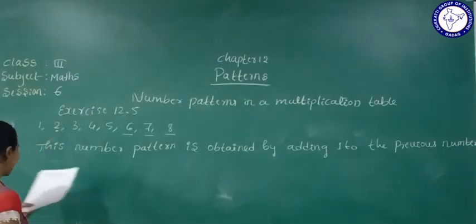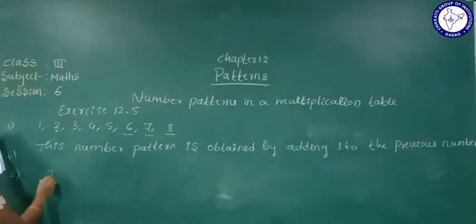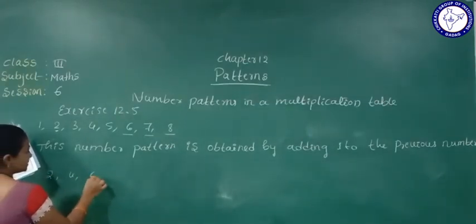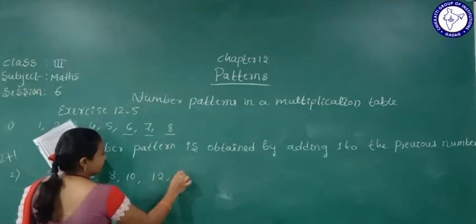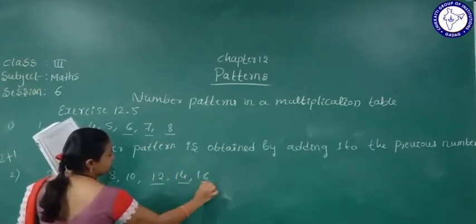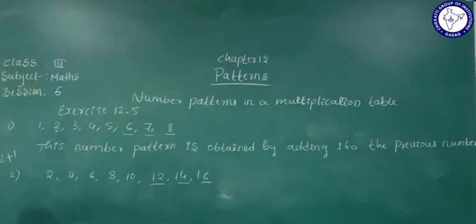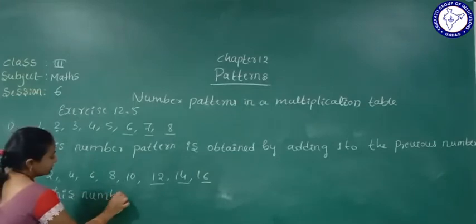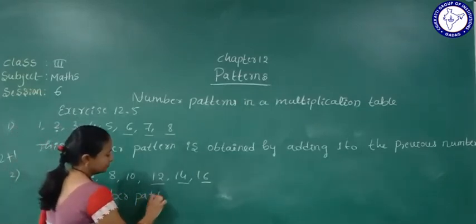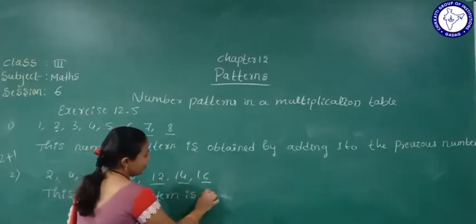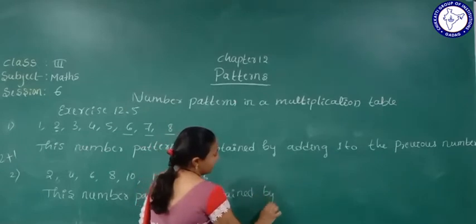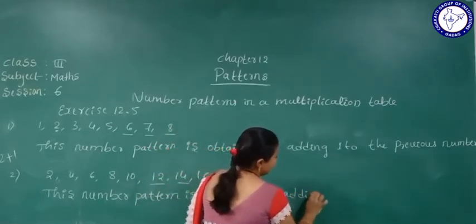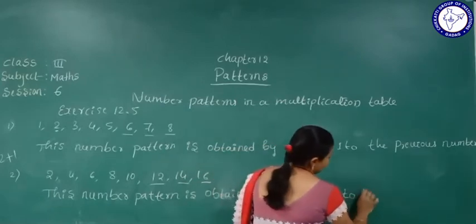Next, the second one they have given is 2 4 6 8 10 12 14 16. These three are fill in the blanks. So this number pattern is obtained by adding 2 to the previous number.